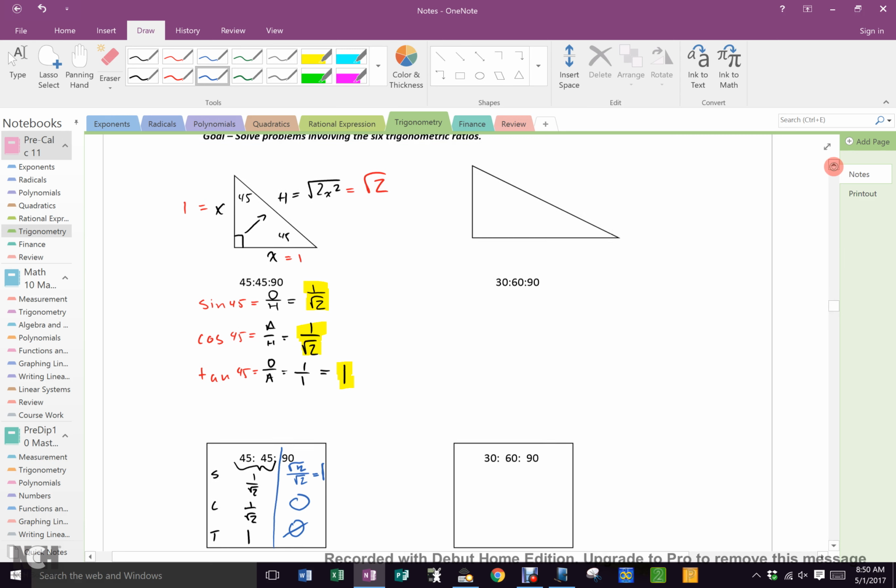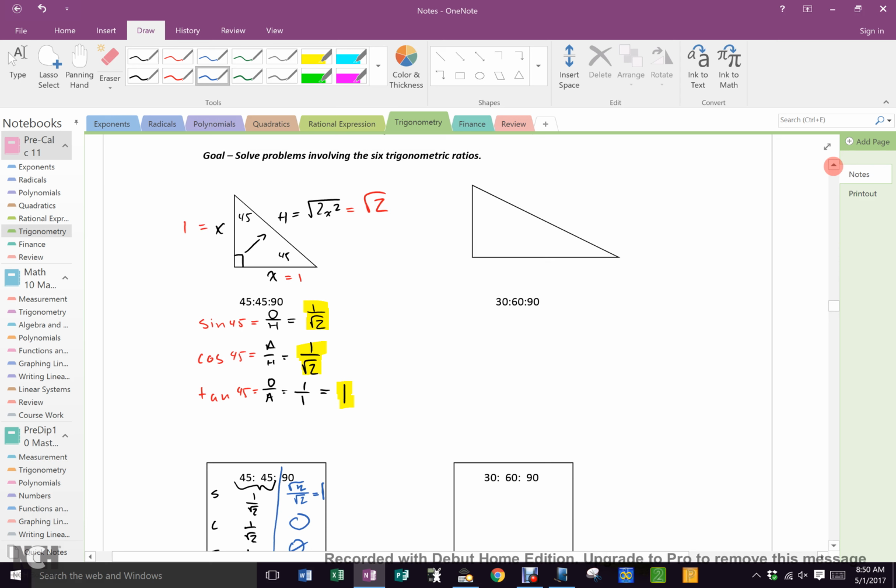30, 60, 90. Right? You guys are smart kids. Which of these angles has to be the 30? This one. Why? Because it's smaller and it's opposite the smallest side. So which has to be 60? Excellent. The top. Everyone cool with that?